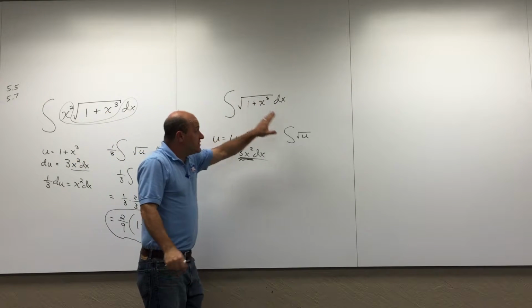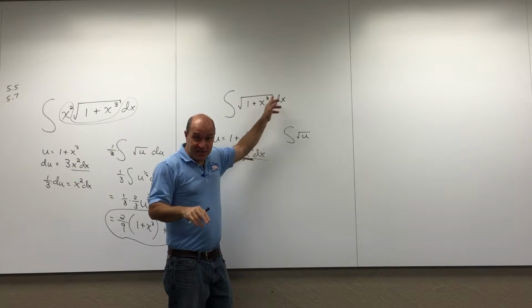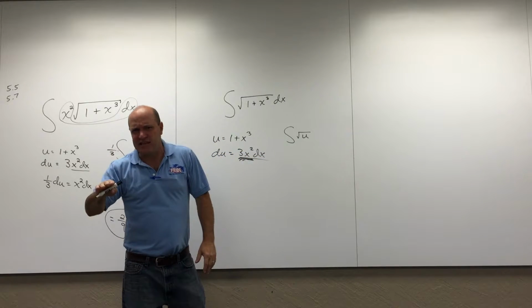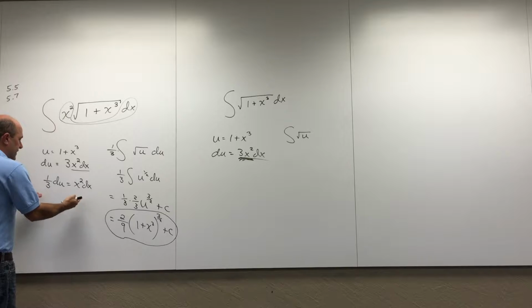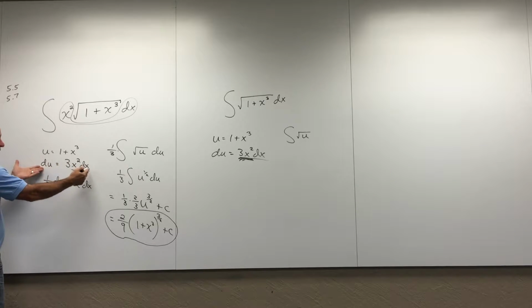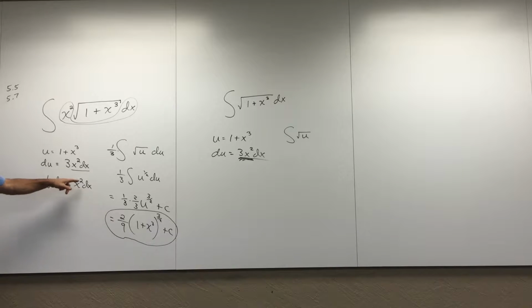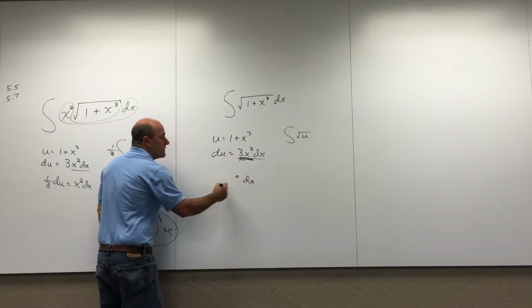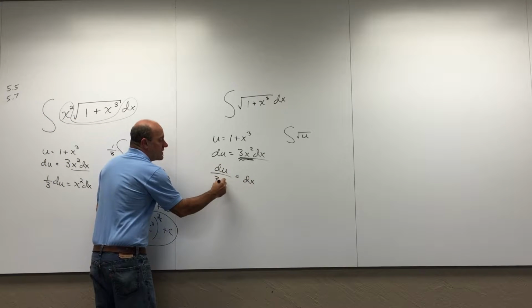when you do change it to u's, you definitely change the dx to du, but it's not just an automatic, oh, dx is du. Of course it's not. It's this. du is 3x squared dx, or 1/3 du is x squared dx. Or if I wanted to solve for dx, what is dx? du over 3x squared.